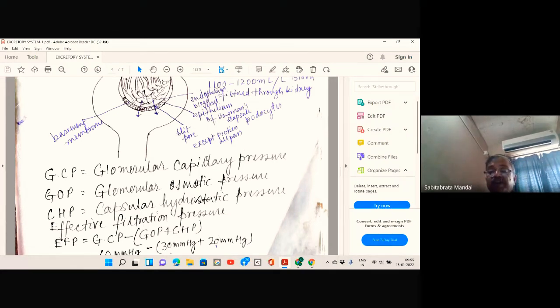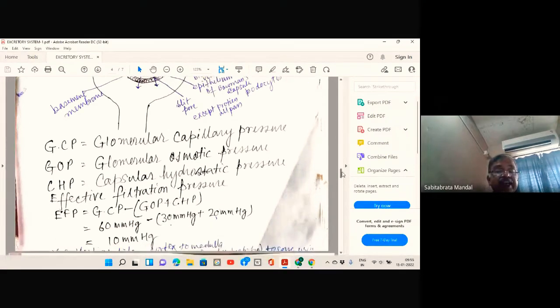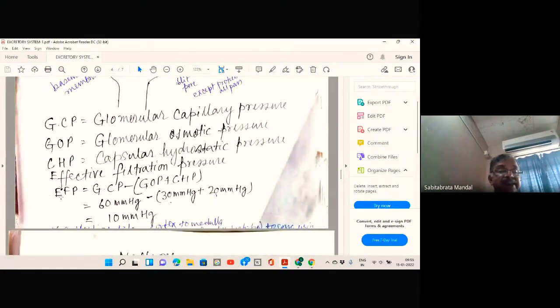So here is a formula from which we can understand the whole thing. Effective filtration pressure is equal to glomerular capillary pressure minus glomerular osmotic pressure, meaning the substances present inside the blood will resist the going out of the blood, plus capsular hydrostatic pressure.